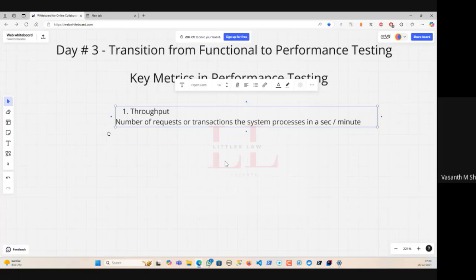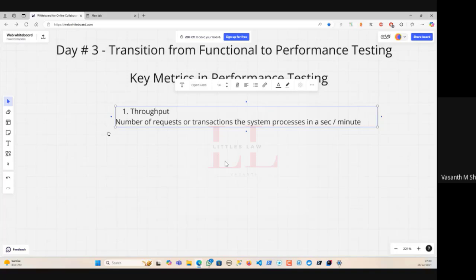All the other remaining 900 requests will have to wait in a queue. And if there are additional 1000 requests coming in, they also have to wait because there are already 900 requests waiting in the queue for the previous 100 requests to get processed.